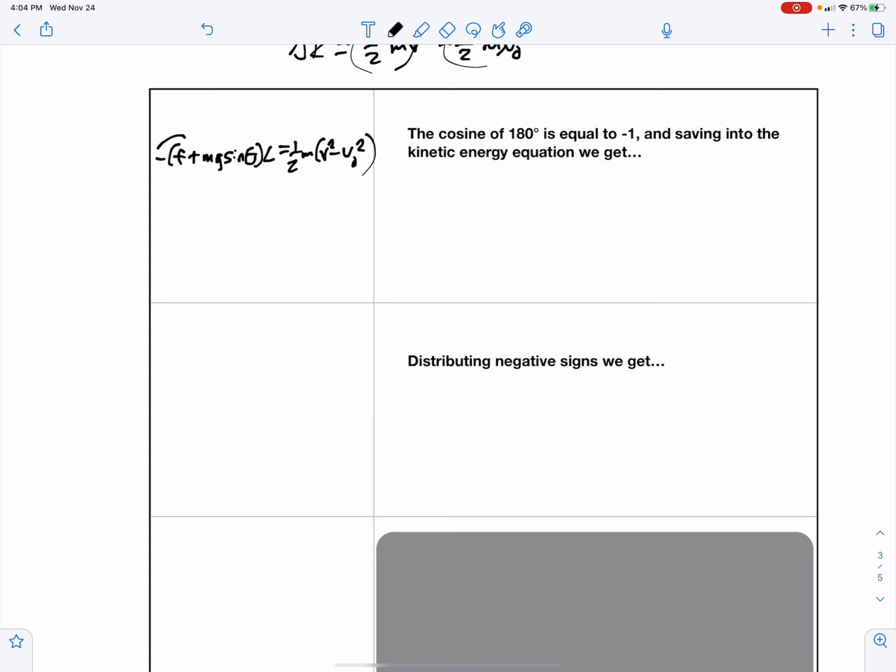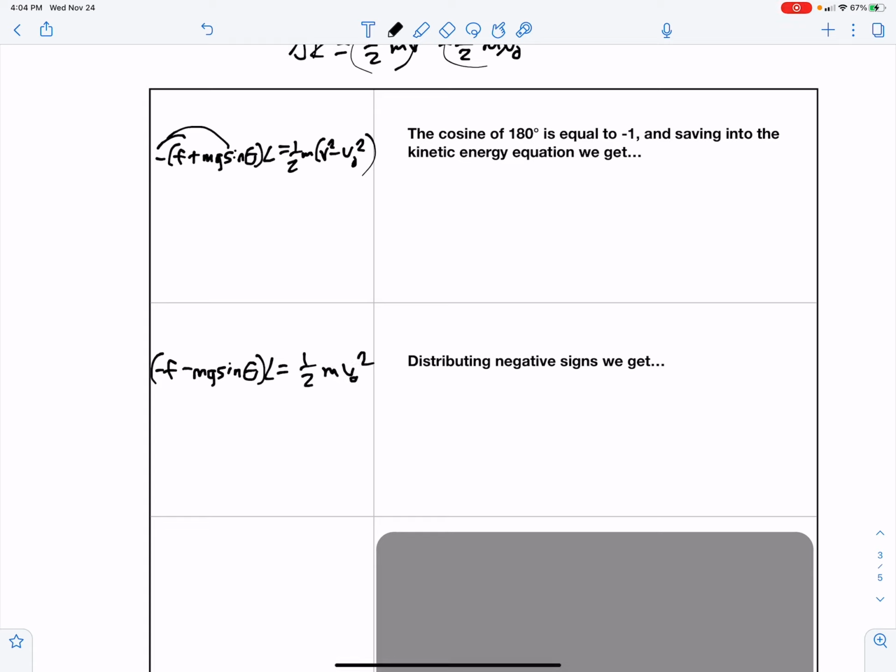Distribute the negatives, and we get negative friction minus mg sine theta, and I'm going to keep the parentheses there because L is also distributed out.